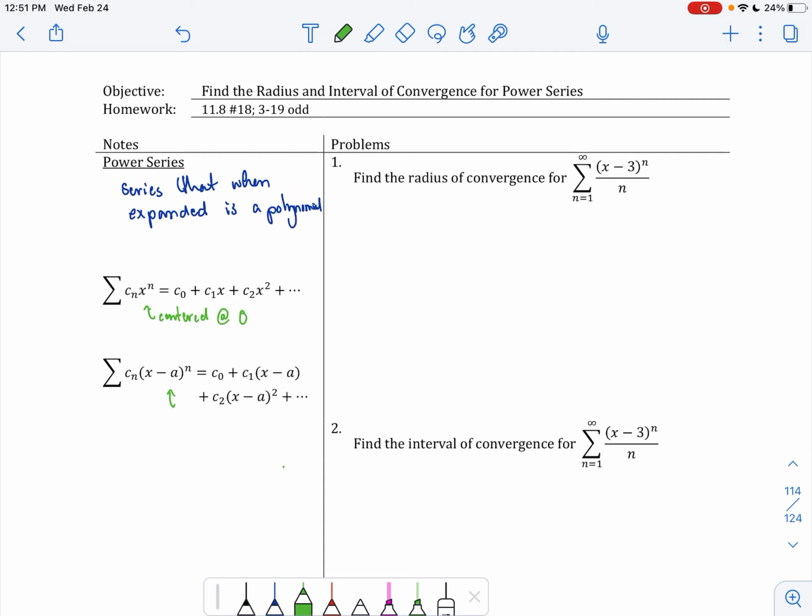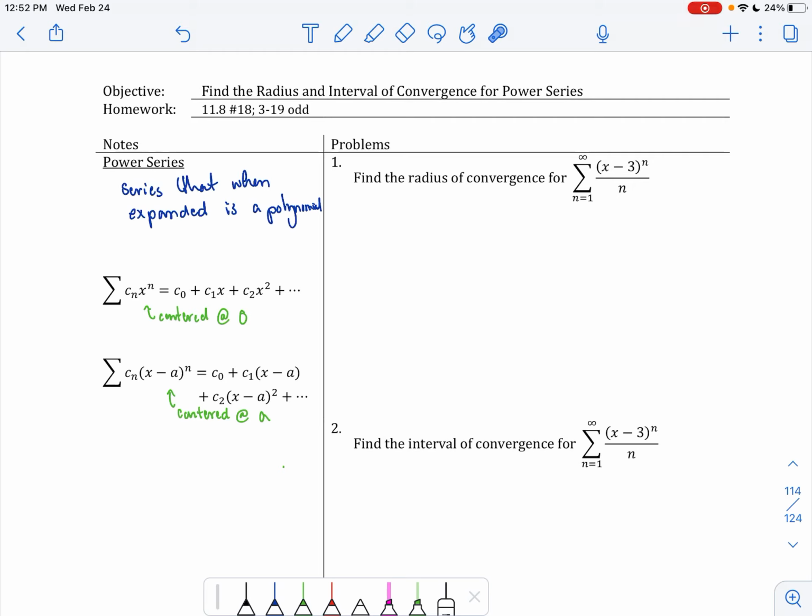And with the minus a here, this is the idea of centered at a. The important idea there is mostly that you can think about it as a horizontal shift, and it's going to tell us an important idea about your radius and interval of convergence.